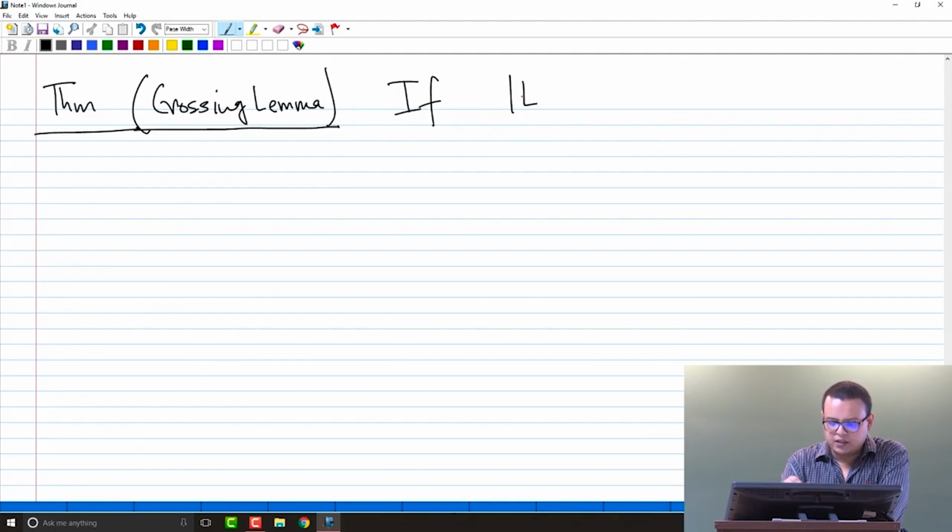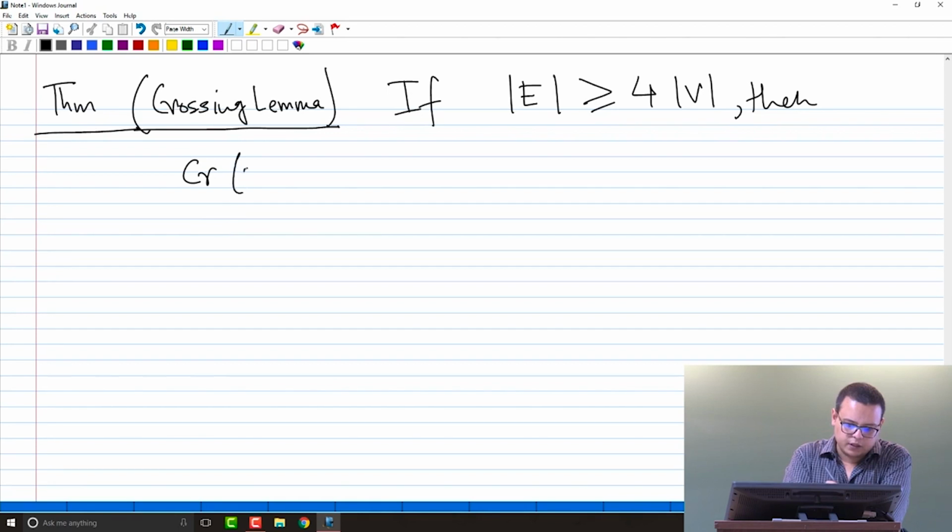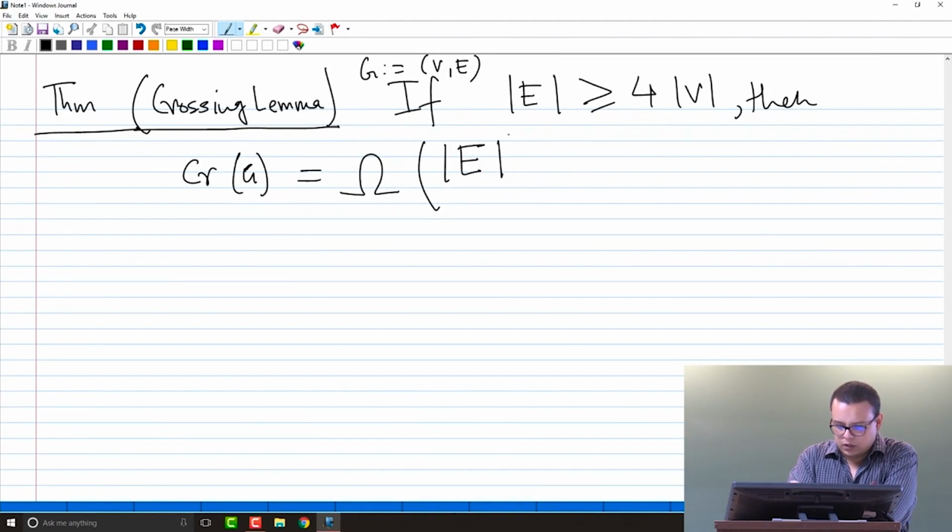the number of edges in the graph is greater than 4 times the number of vertices, then the number of crossings in the graph G, so let me say the graph has vertex set V and edge set E, is Omega of the cube of the number of edges divided by the square of the number of vertices.